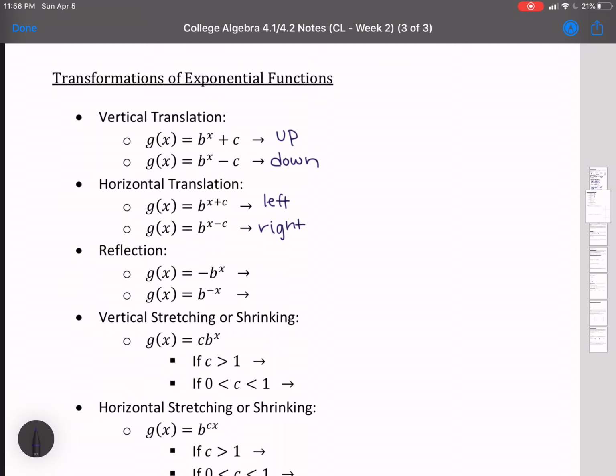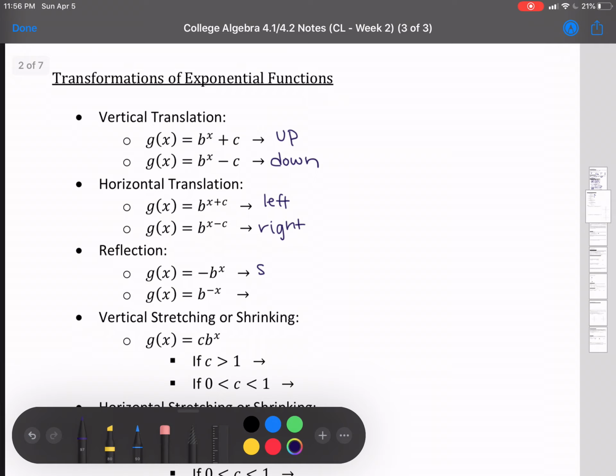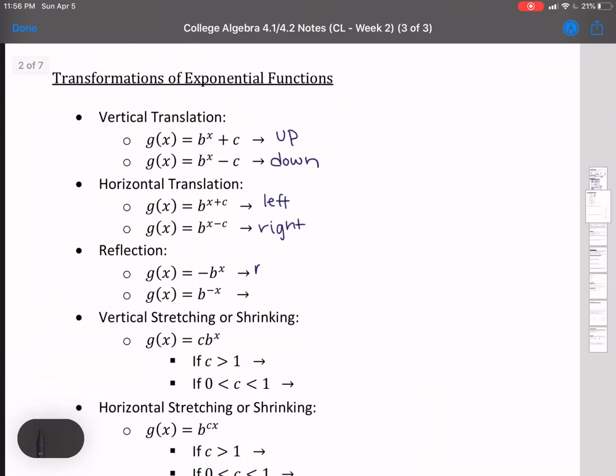Okay. Reflections, if it's on the outside, that's going to reflect the x-axis. And one we don't see very often, but b to the negative x power, this reflects the y-axis.